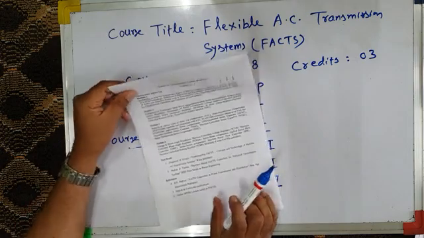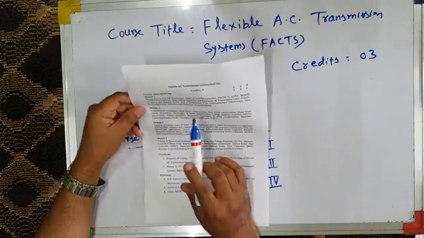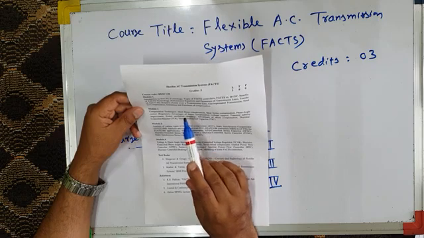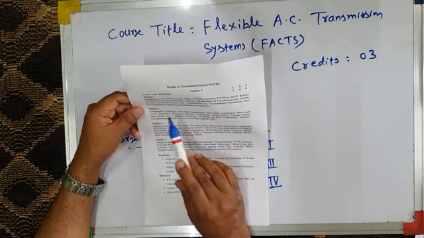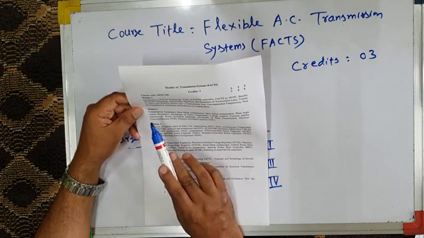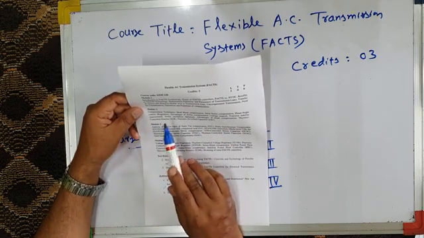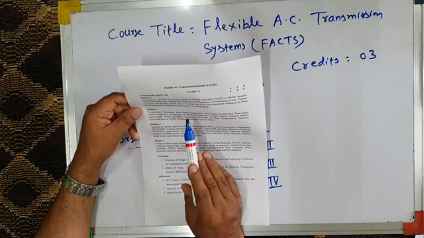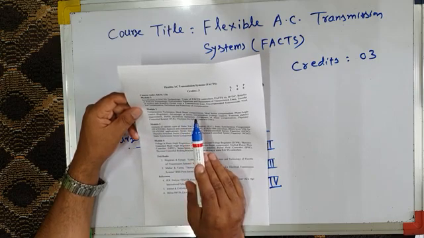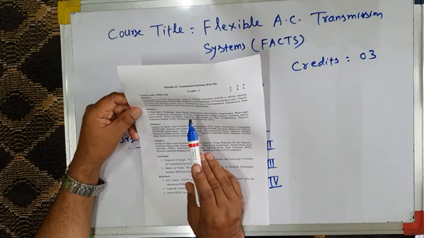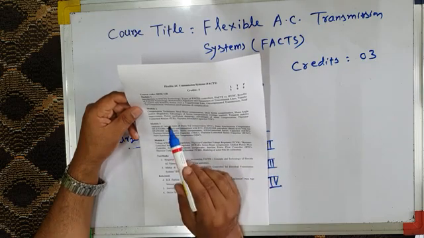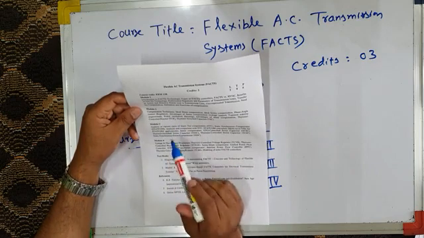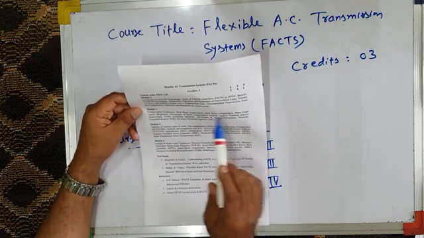Therefore I will advise all students to just revise their power system courses, especially transmission lines, transmission networks, flow of power on transmission lines, stability, steady state stability, transient stability, power angle characteristics, power equation, and so on. That is the prerequisite for understanding this course.